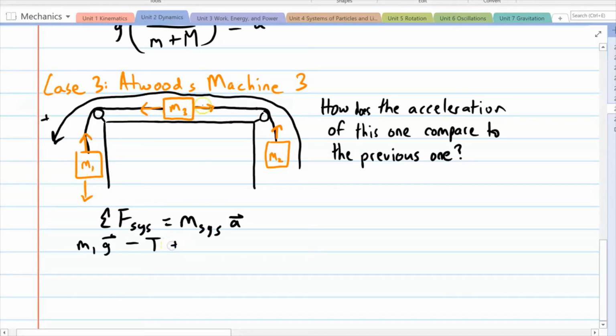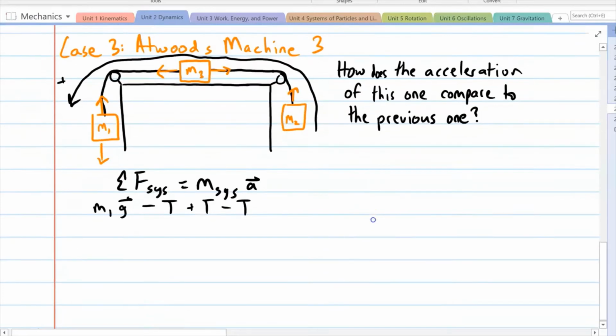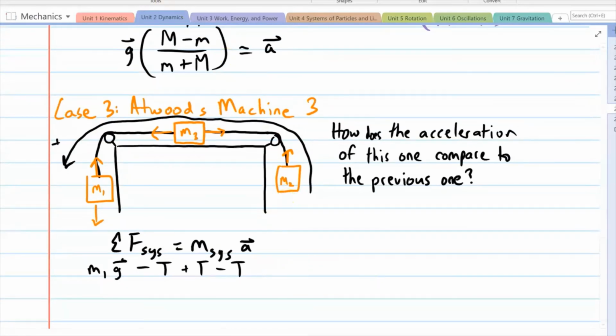And then plus, let's look at the mass of the third object, which is tension minus tension. We don't really care about the vertical stuff on the table because it's not part of the direction we're looking at. And then we look at the second mass here. I forgot an arrow here. It's the tension minus the mass of the second one times gravity.